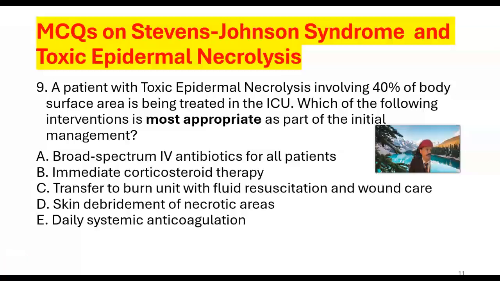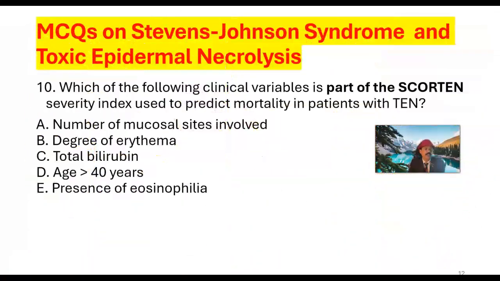Then we'll go to question number 10. Which of the following clinical variables is part of the SCORTEN severity index used to predict mortality in patients with TEN? A. Number of mucosal sites involved. B. Degree of erythema. C. Total bilirubin.